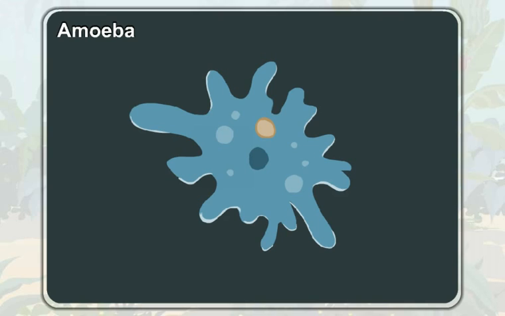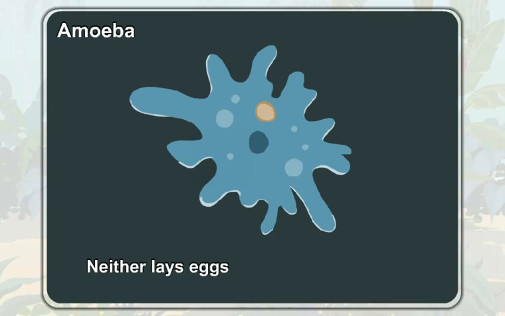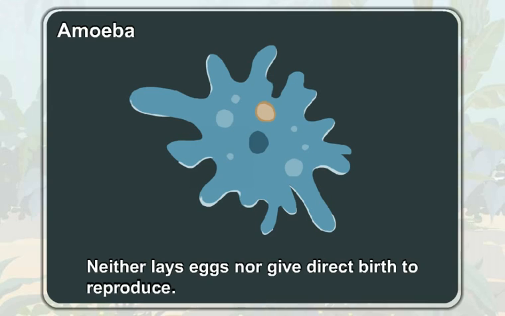An amoeba is a lower animal. An amoeba neither lays eggs nor gives direct birth to reproduce. Then, have you ever wondered how an amoeba reproduces?